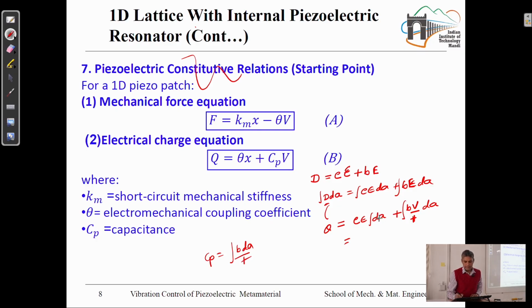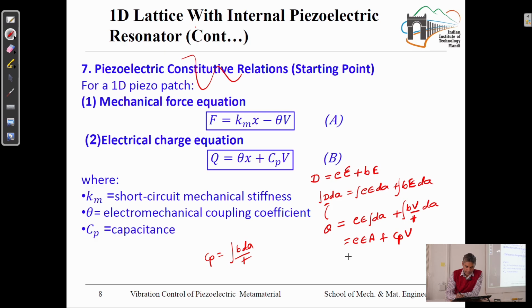Similarly here this is the area, and we can have this as width into length or displacement. So this is displacement, for example here BA, and then this is Cp and this is the electric voltage.